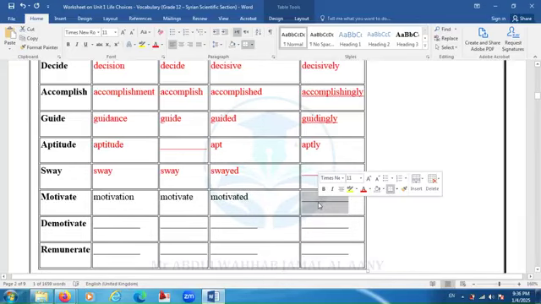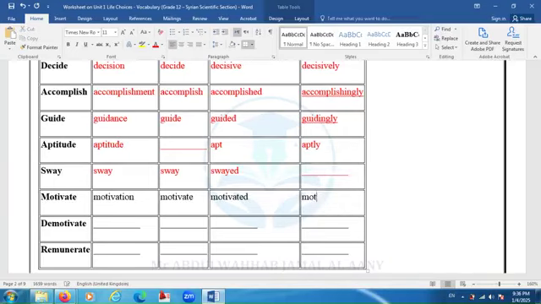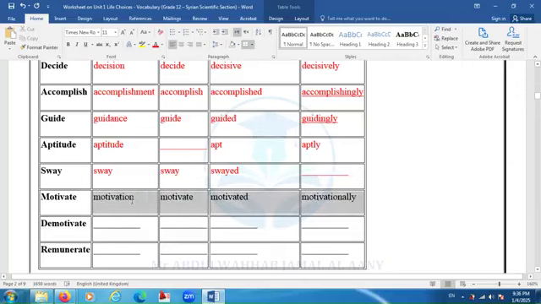And the adverb, just add the ly to the noun, so it is motivationally. Motivationally, let's write it together. Motivationally, if you wish to say. I think it's that one. Yes, motivationally. Excellent.